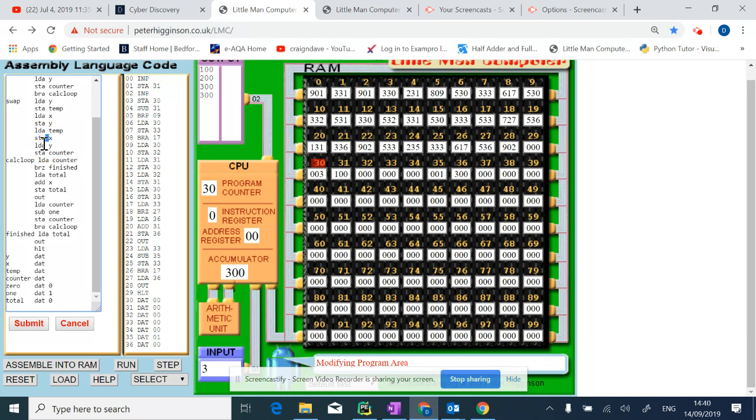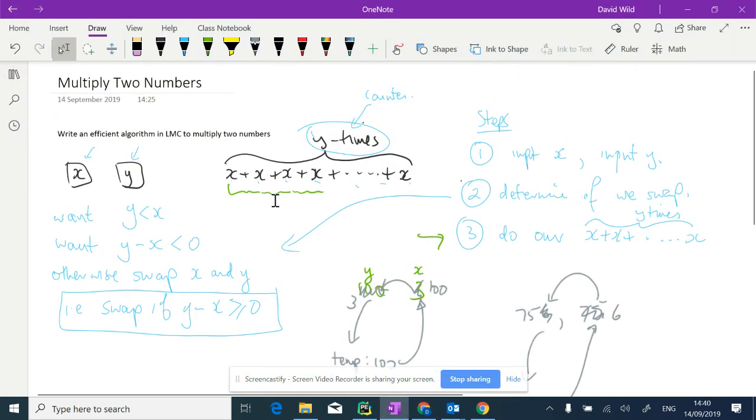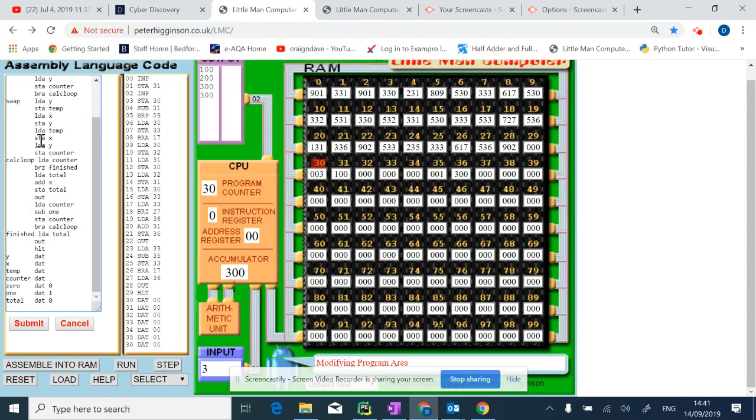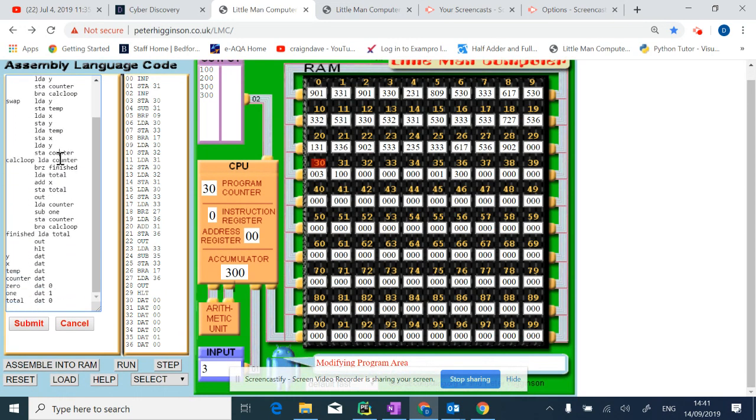Now, the benefit of doing this swap is that I don't have to have this rather more complicated algorithm twice. One for when x is bigger than y, one for when y is bigger than x. Okay? So I'll just swap them around and then carry on with my counter. So that gives you a basic idea about how I approached this particular task.